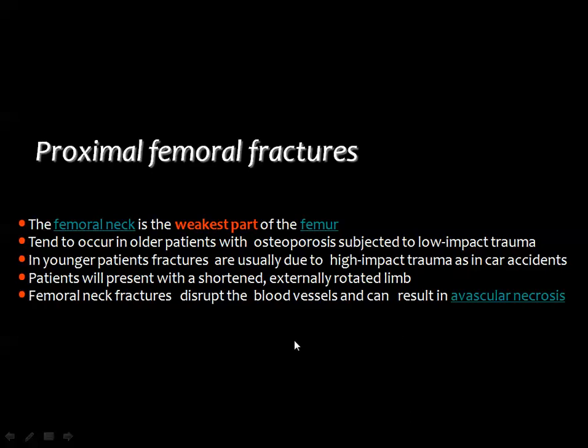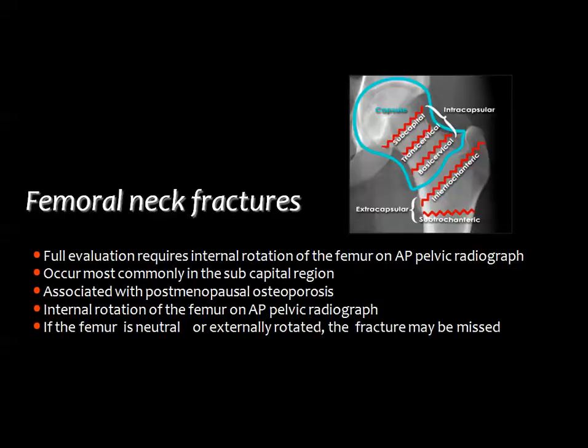In younger patients, this fracture requires a high energy trauma like that sustained in car accidents. Patients present with a shortened, externally rotated limb. And fractures of the femoral neck may disrupt the blood supply to the femoral head, resulting in avascular necrosis.